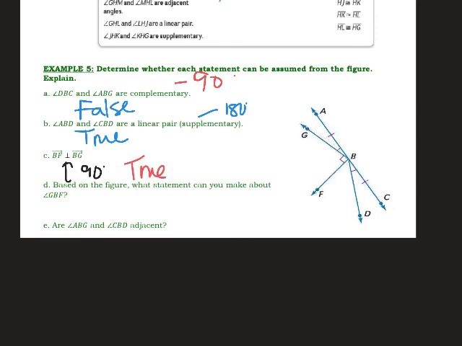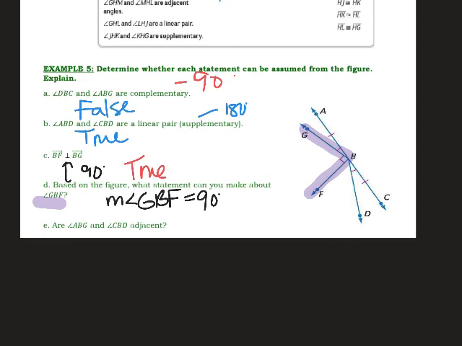What can I say about angle GBF? That it is exactly 90. I can say that the measurement of angle GBF is exactly 90 degrees. And then the last one.